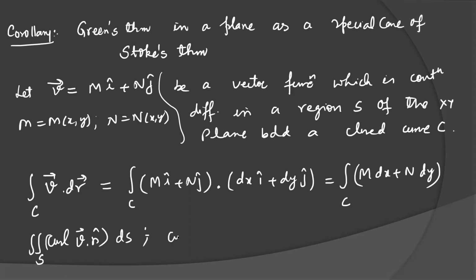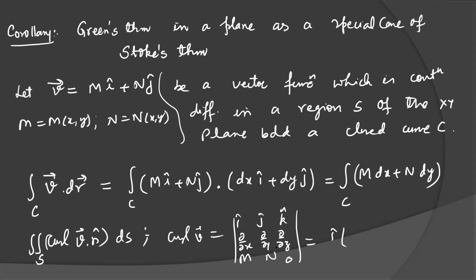Okay, let's calculate curl V firstly. So, curl we can find easily: i j k, del by del x, del by del y, del by del z. For V, it will be m, n and 0. So, it will be i times 0 because if you differentiate 0, 0 and n is a function of x, y. If you differentiate with respect to z, it will be 0, minus j. It will be again 0, plus k. You will get del n by del x minus del m by del y.